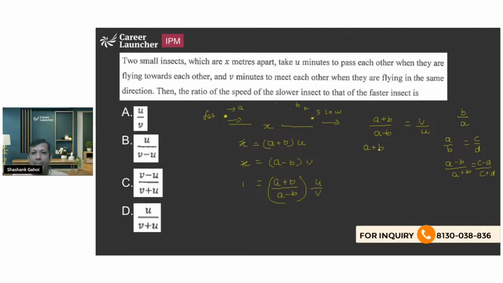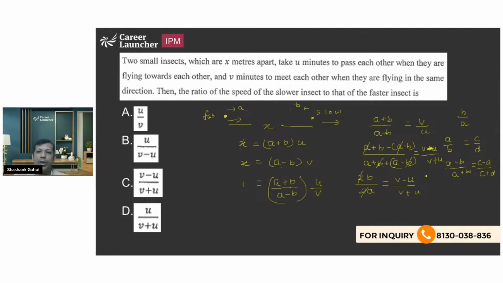a प्लस बी माइनस a माइनस बी अपॉन a प्लस बी प्लस a माइनस बी, एंड दैट इज इक्वल टू v प्लस u अपॉन v माइनस u. सॉरी, v माइनस u अपॉन v प्लस u, न्यूमरेटर में सब्ट्रैक्ट कर रहे हैं. ठीक है. a तो कट गया, यहाँ पे b भी कट गया. सो आई एम गोइंग टू गेट 2b अपॉन 2a and that is equal to v minus u upon v plus u.